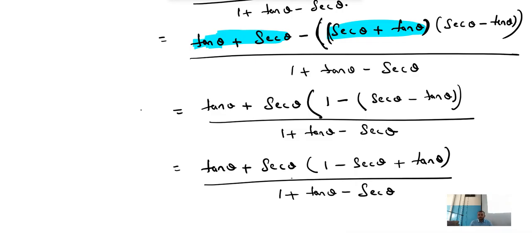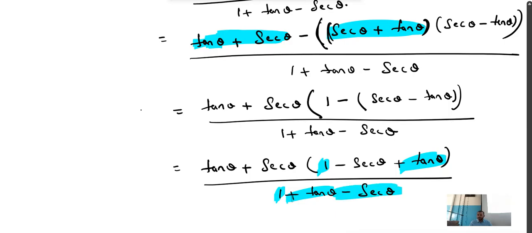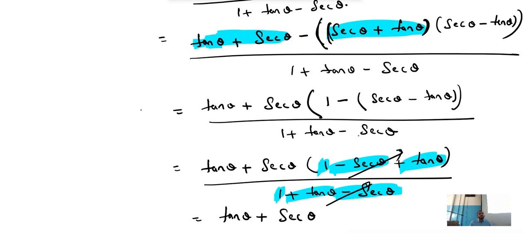Can you see this? Look, here also 1, here also 1. So it will get cancelled. Then what is left? Tan theta plus secant theta.